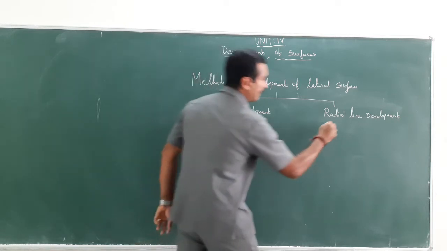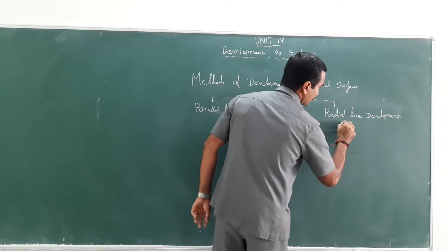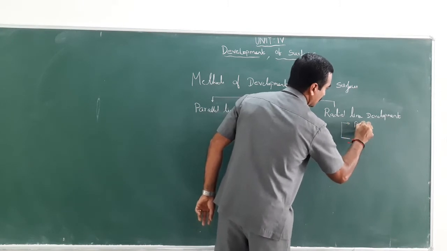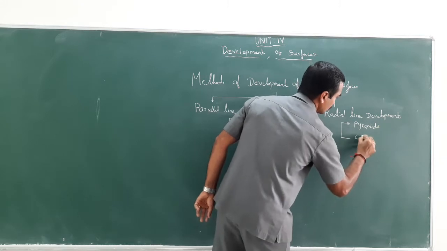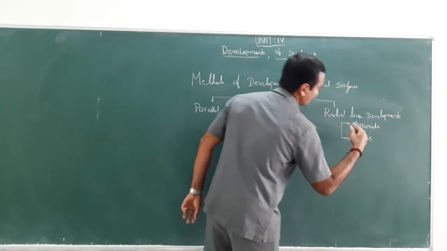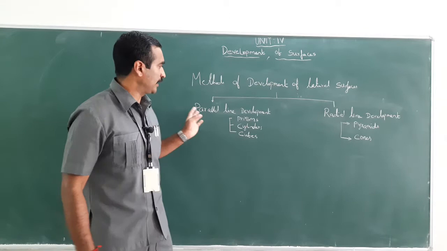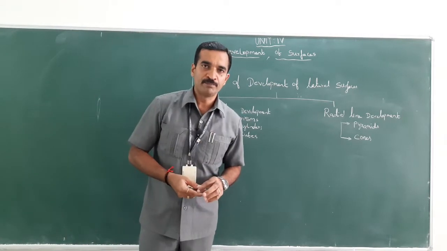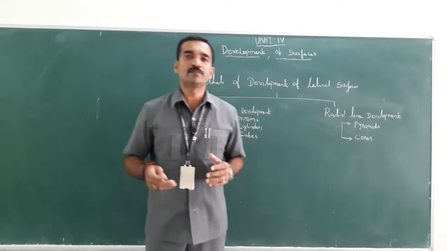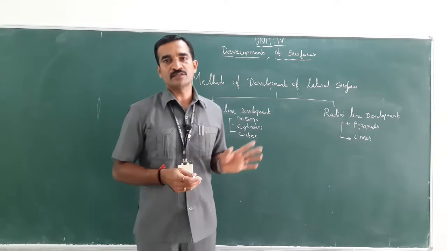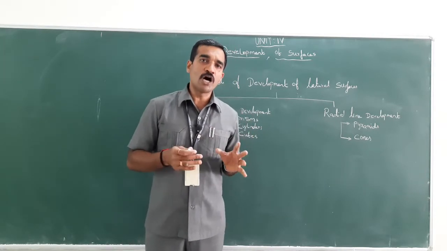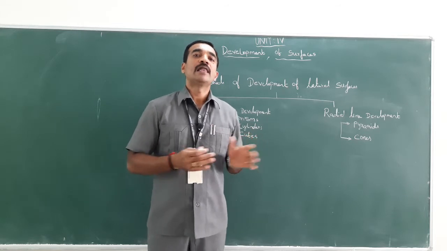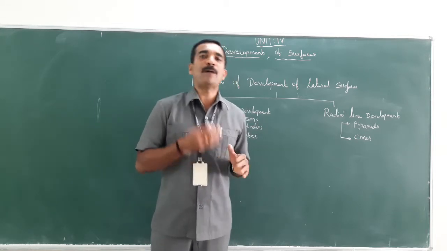And the radial line method is for the pyramids and cones. Let me just explain the parallel line development. This method is used to develop the cubes, prisms and cylinders, in which all the edges or generators of the lateral surfaces are parallel to each other.